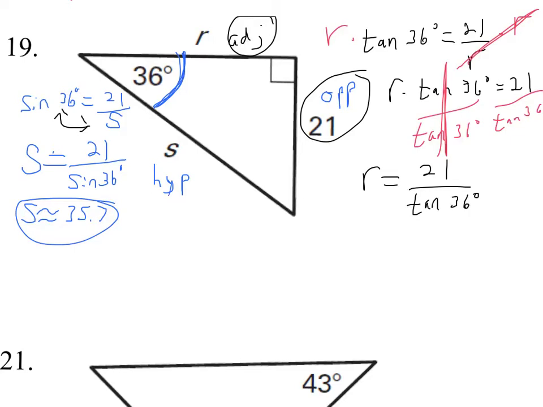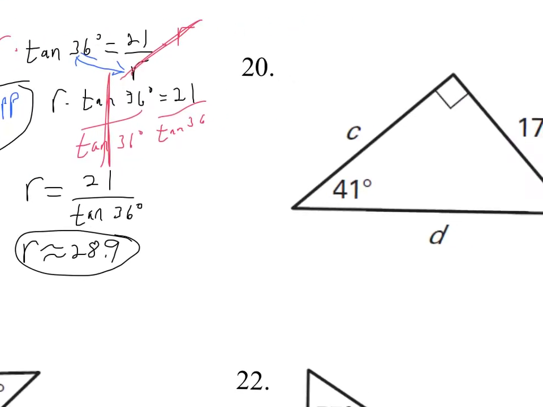And so you see how what basically happens is, from the original, these two switch places. And we're just left with r by itself. So let's go ahead and just type that in. 21 divided by tangent of 36, and I get 28.9. So r is approximately 28.9. Okay, on to the next one.